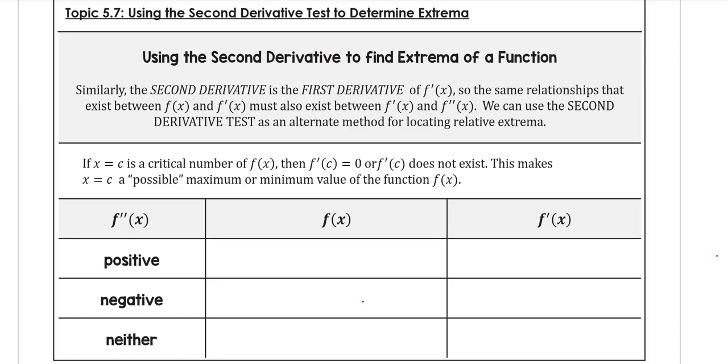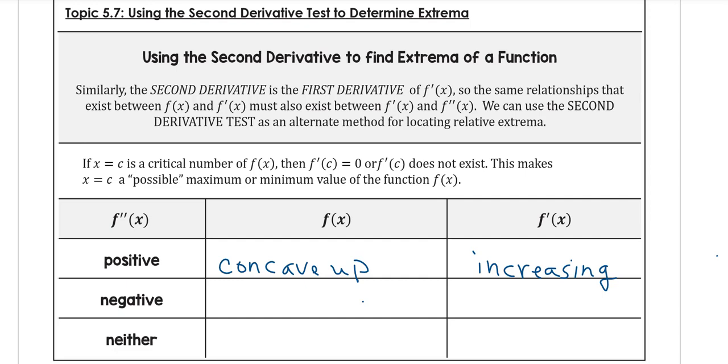So what we know is if our second derivative is positive, then that means our function is concave up, and it also means that our first derivative is showing an increasing section of the graph because its derivative is positive, which means its slope is positive.